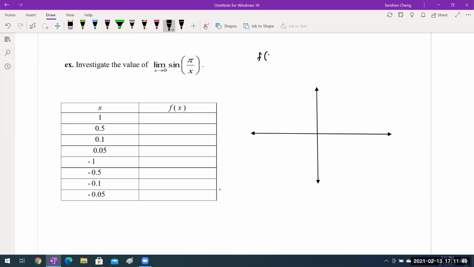Our function in this case is sine of pi over x. Clearly, x cannot be equal to 0, because that is undefined, and we don't know the value of sine of undefined. So f of 0 is undefined. The function is not defined there.